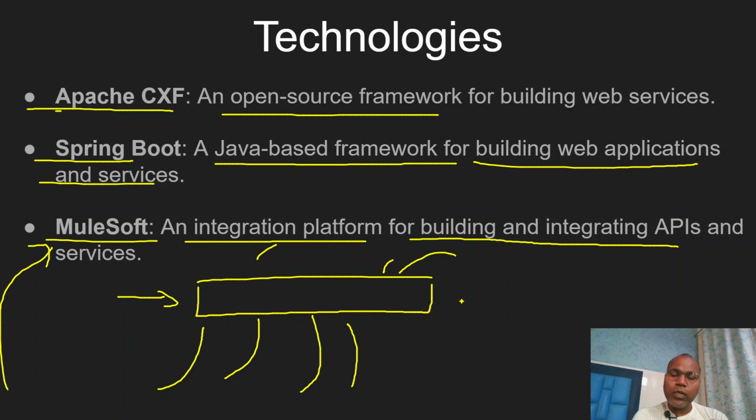Even older technology, newer technology, different formats, different protocols. One application supports HTTP, one application supports XML, one application supports FTP, one application supports a different protocol. So all kinds of applications we have already built. Now this Mule software allows the integration platform. Here you can integrate different natures of services and businesses.